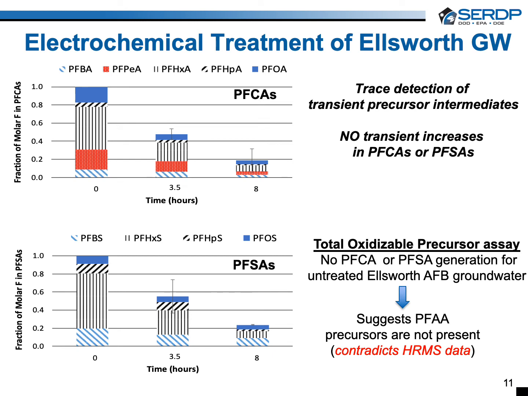The TOP assay, the intermediates, and the data shown here on the perfluoroalkyl acids would suggest that there really aren't any polyfluorinated compounds, or at least anything of note, from which we would expect to see these products. Yet we know those polyfluorinated compounds were there. So what's going on, and what does this mean for evaluating treatment? How do we evaluate the PFAS and the fluorine mass balances here?